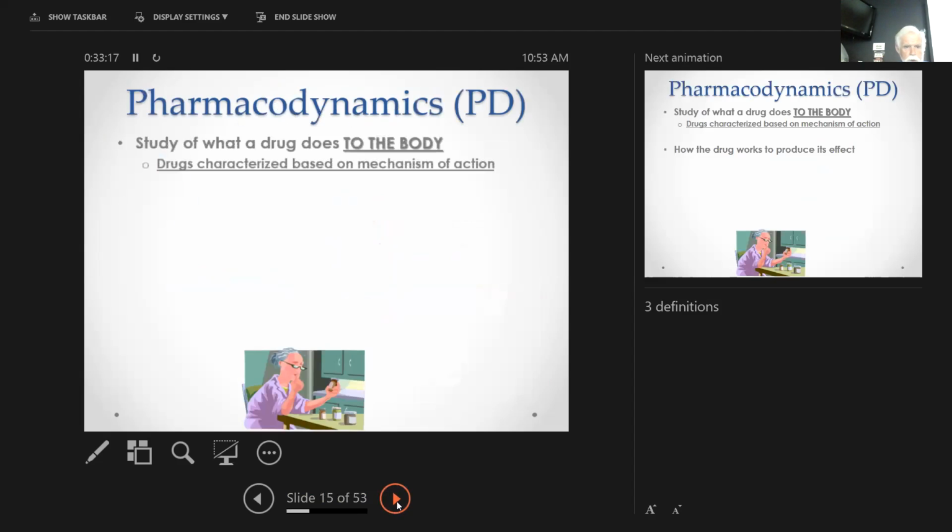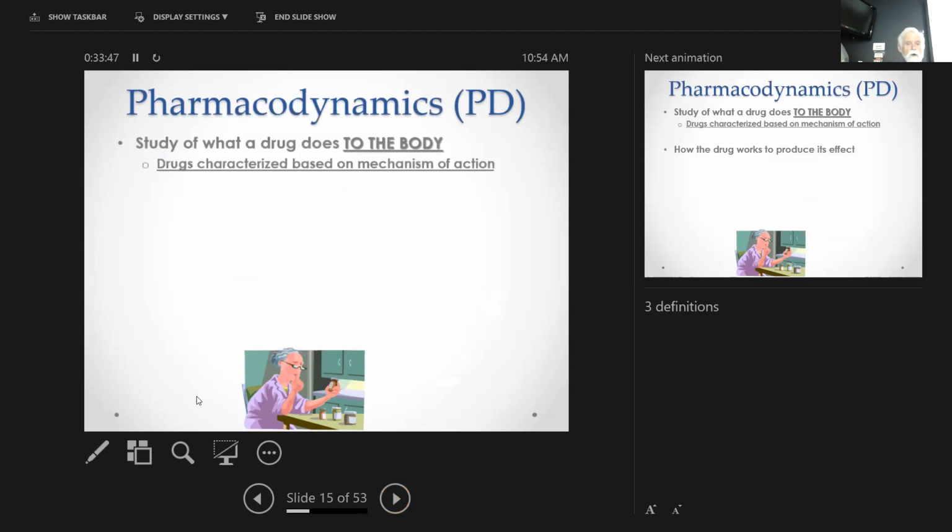So, the drugs, we look at what the drug does to the body. We have a number of different classes of drugs that act on different parts of the body. Drugs interfere or interact with cellular processes and biochemical processes, and various drugs will interact with various different ones.